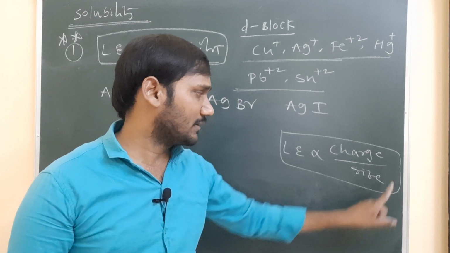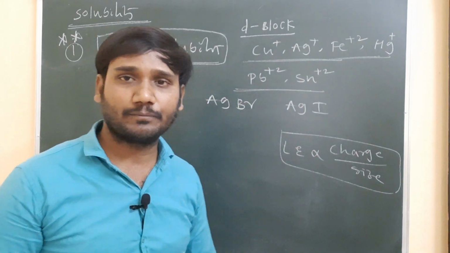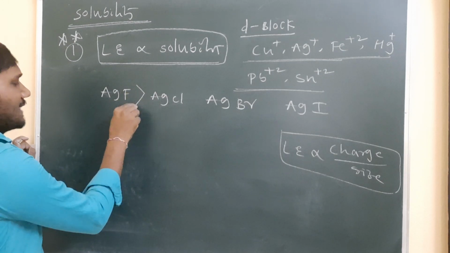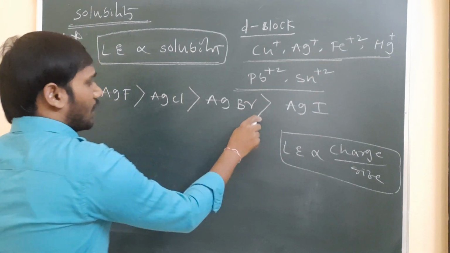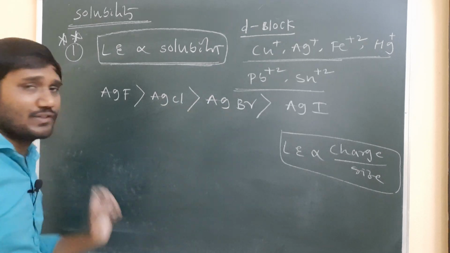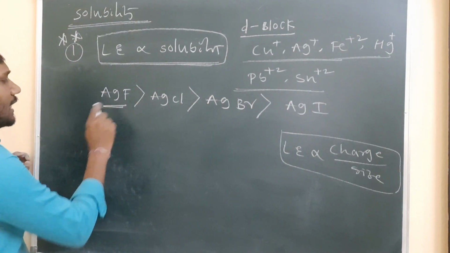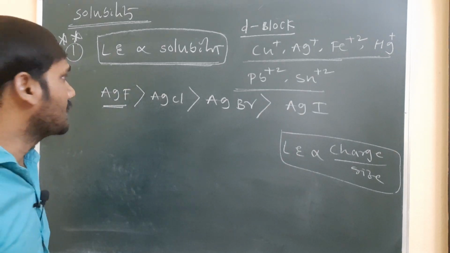Fluoride is the smallest, so silver fluoride has the highest lattice energy. In this case lattice energy is directly proportional to solubility, so where the lattice energy is more, the solubility is more. So silver fluoride has the highest solubility.